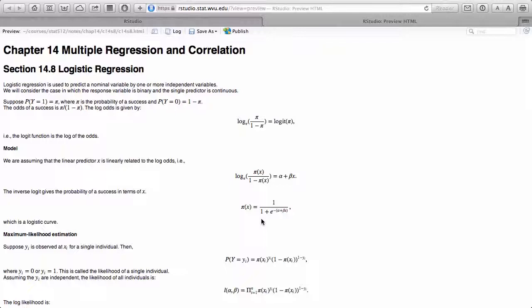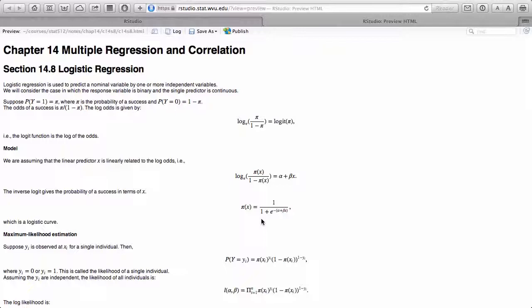So we're going to focus on the logit. And that's probably, in health sciences, this logit model is probably more common than regression. It's very common. So we're going to be looking at this model.